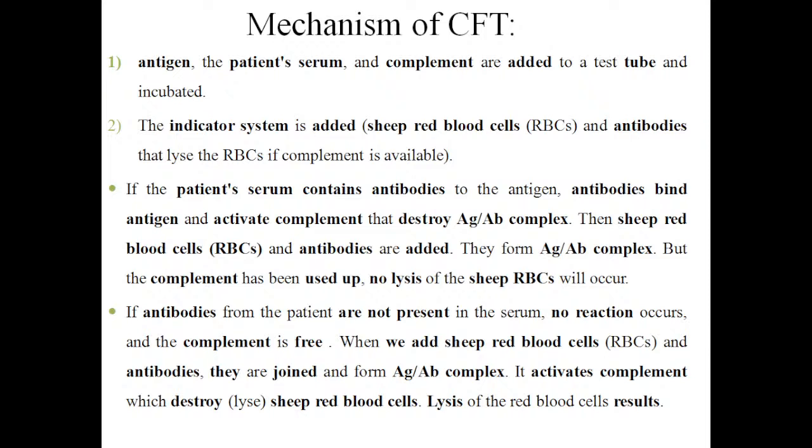Antigen and antibodies are not bound with each other, complement is not activated and it is present in the tube. Then we add sheep red blood cells and antibodies, they form an immune complex, and it activates free complement that destroys sheep red blood cells. So we can see lysis of sheep red blood cells if primarily antibodies were absent in the patient's serum.